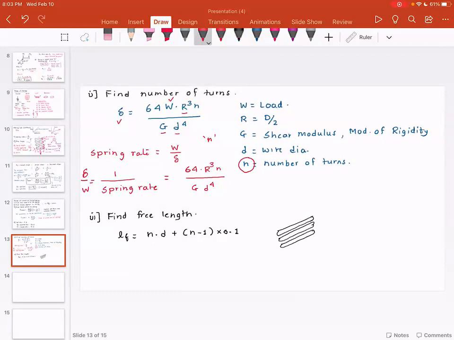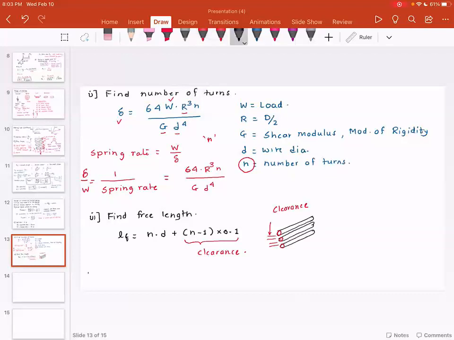You can notice that this is one diameter, this is another diameter, a third diameter, and in between these wires you have a small clearance. Depending upon the way the coils are compacted, you can have a small clearance or a large clearance.